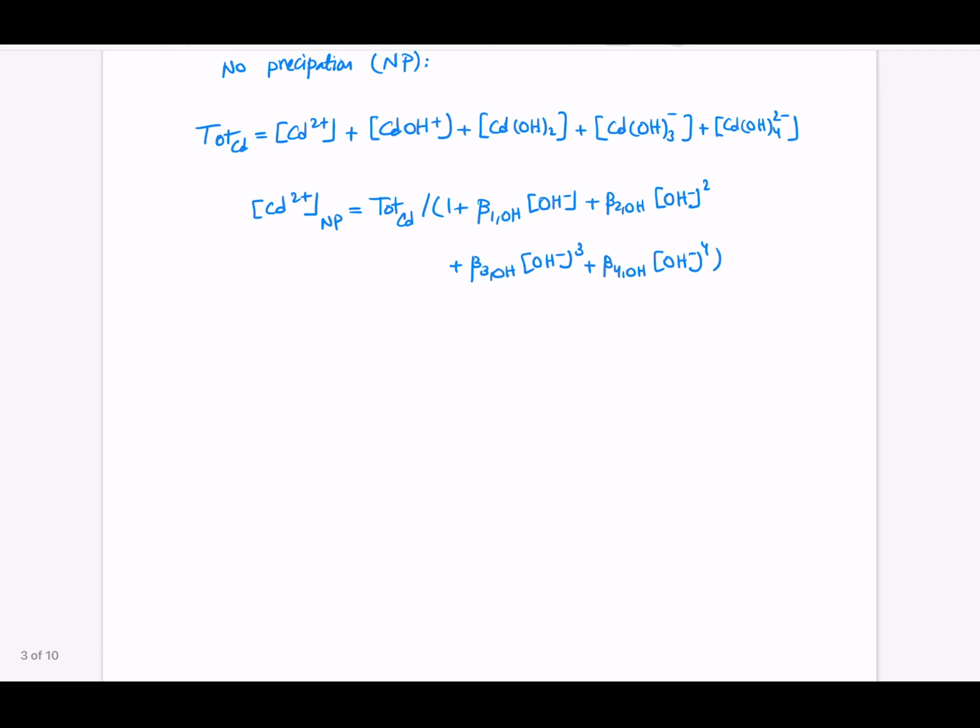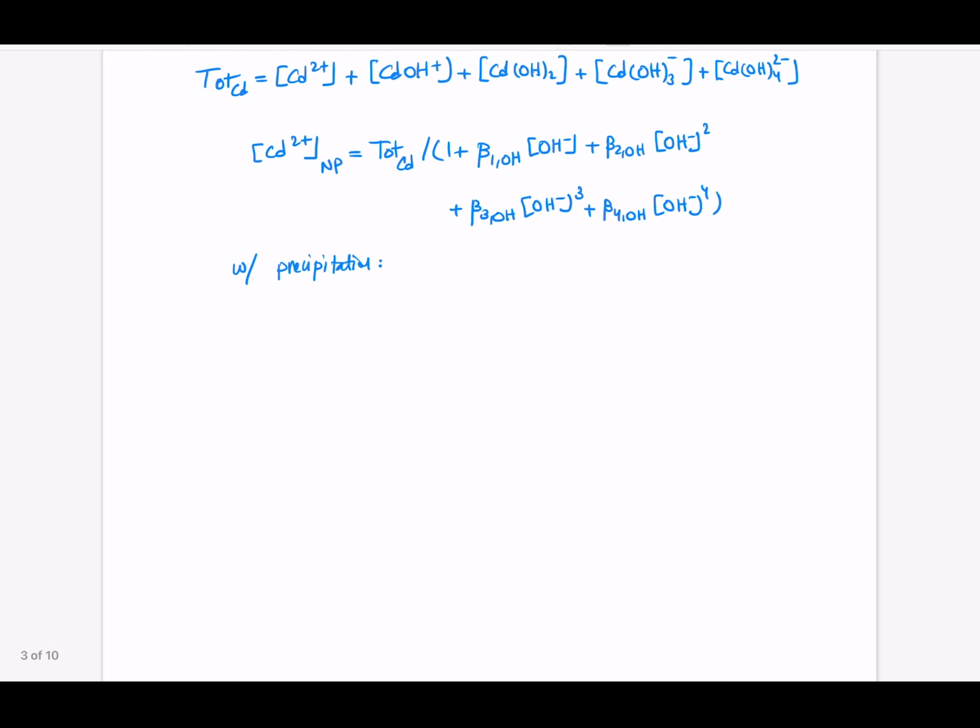So we mentioned in the previous lecture, we also have the with-precipitation scenario. So we assume that we have precipitation, or the cadmium concentration exceeds the value at which we have precipitation. In that case, the concentration of cadmium max, we call that max because it's the maximum that we could have, is basically KSP divided by the concentration of the ligand, in this case, carbonate.